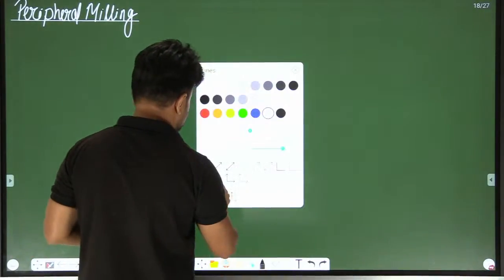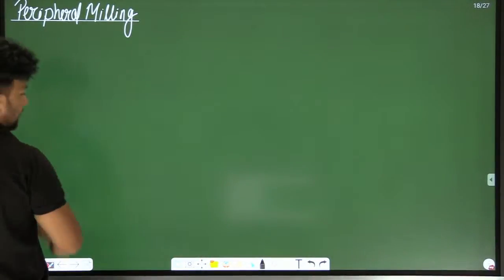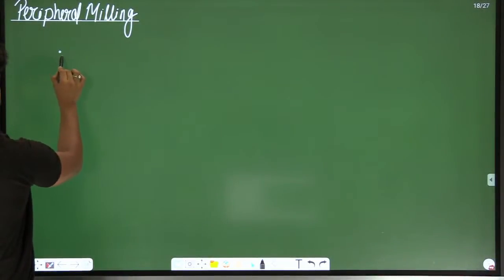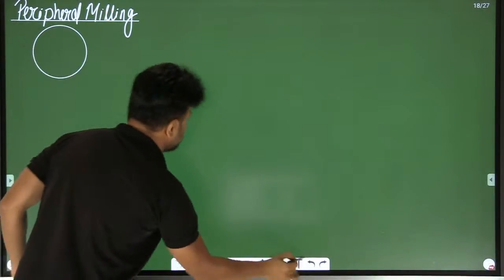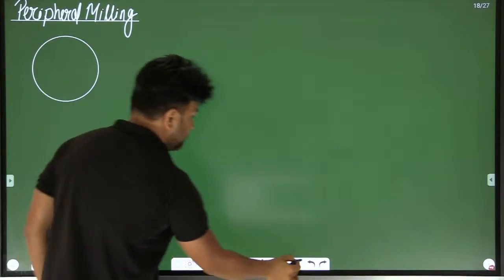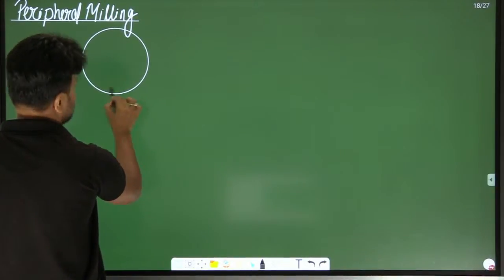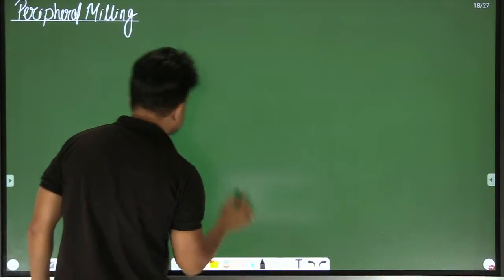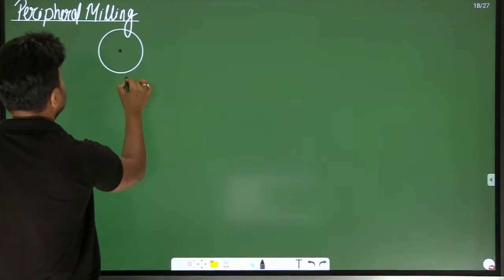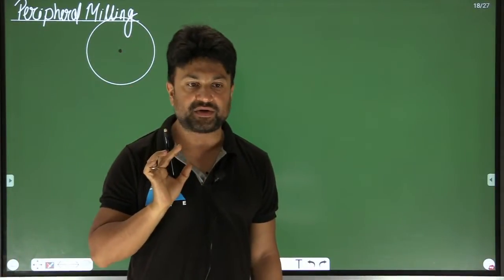Let's say there is a milling cutter which rotates about its axis. This is the milling cutter, and it is rotating about its axis.